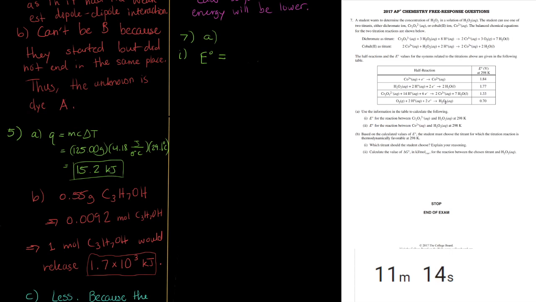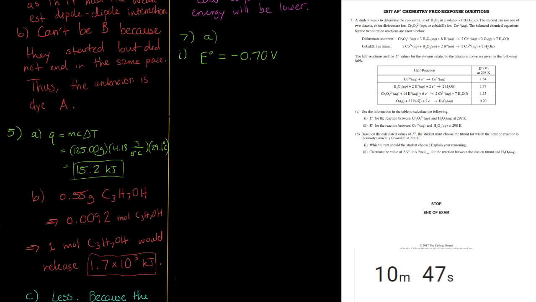Because look, we need 3 of these. 3 of the bottom reaction is going to give us 6 H pluses along with 8, makes 14. 2 times 3 is 6. 6, bam. All that tells me that we need -3 times this reaction. Remember, the 3 doesn't count, but the negative does. So we're going to get negative 0.70 volts from this reaction. Okay. That'll also produce the 3 oxygens we need.